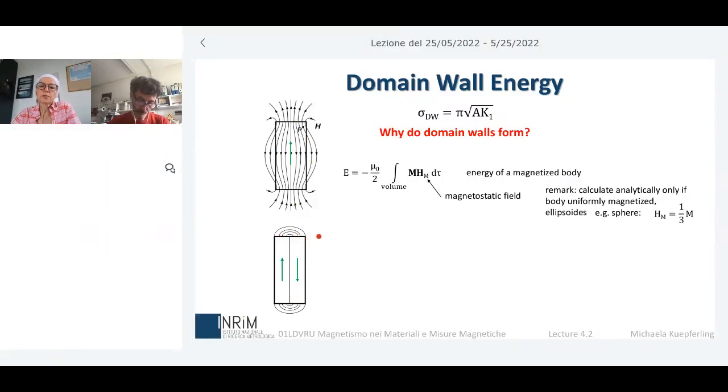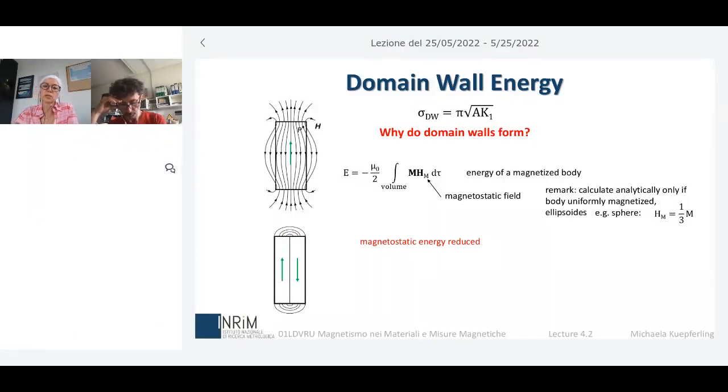So you will have to use this energy of your domain wall that we calculated before, but we will reduce very strongly the energy that is needed for creating this magnetostatic field outside. In fact, we are creating like a magnetic circuit, let's say, and the magnetostatic field is coming out only at the surface. And this is the reason why we have magnetic domains.